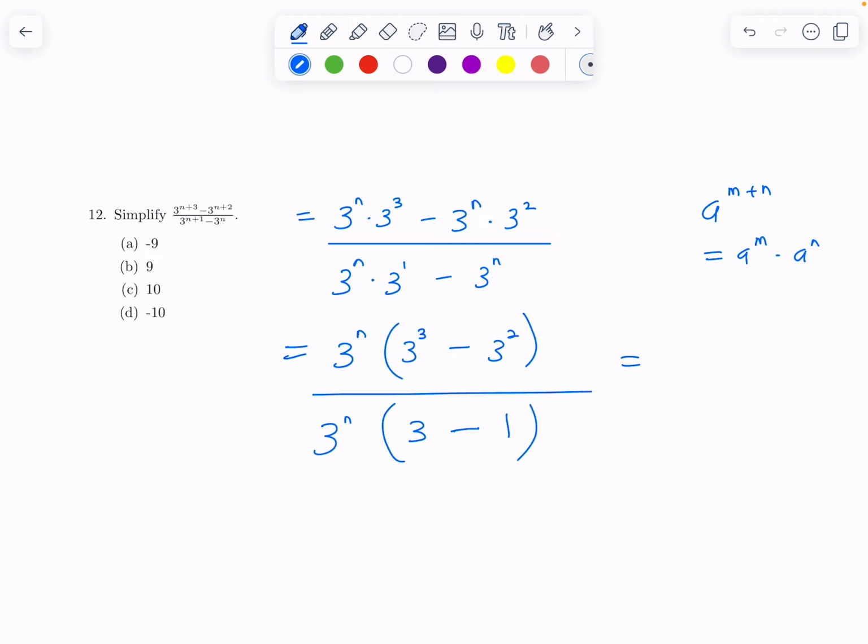So the 3 to the power of n cancels, and 3 to the power of 3 is 3 times 3 times 3, that's 27, minus 3 to the power of 2, which is 3 times 3, that's 9, divided by 3 minus 1, which is 2. So 27 minus 9 is 18, and 18 divided by 2 is 9. So my answer here is B, 9. Okay, I hope this helps.